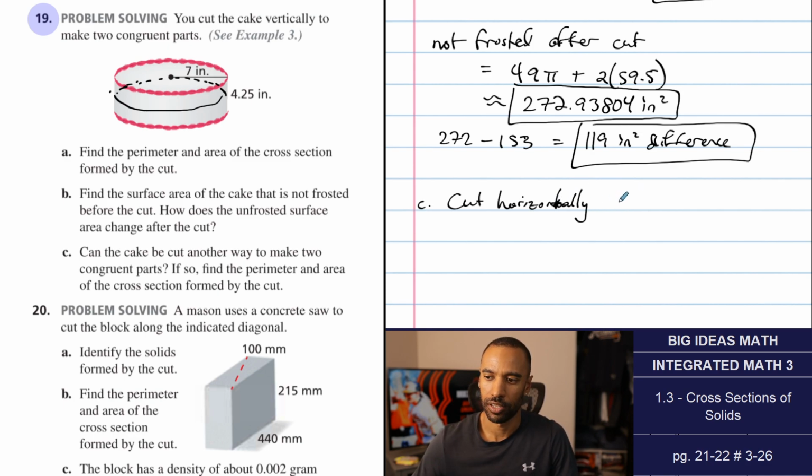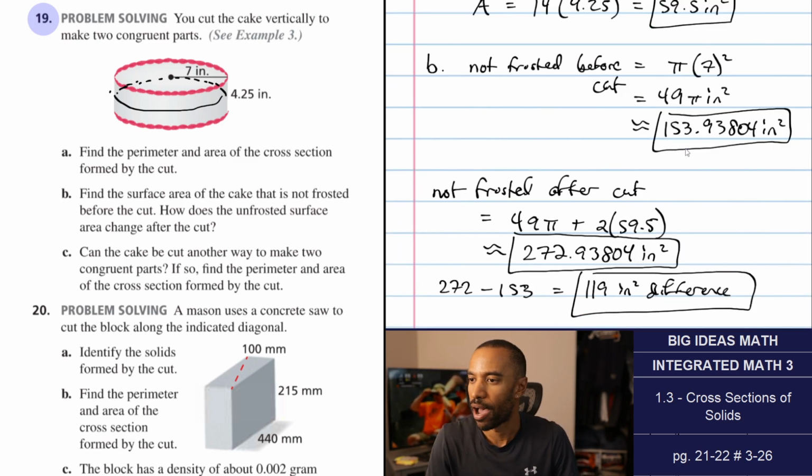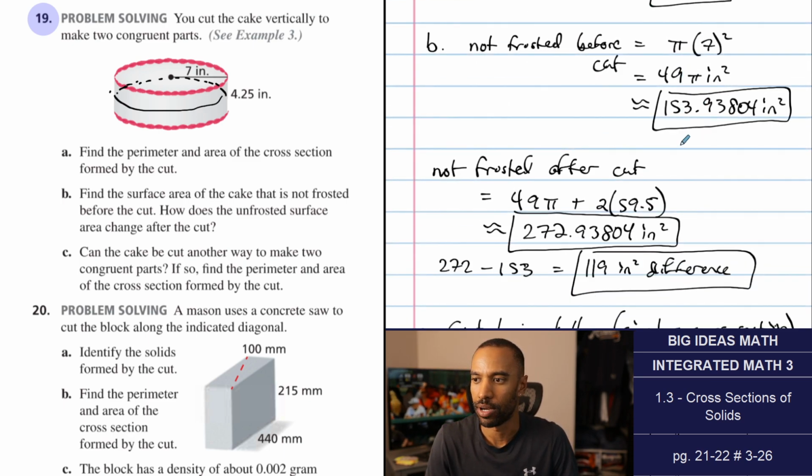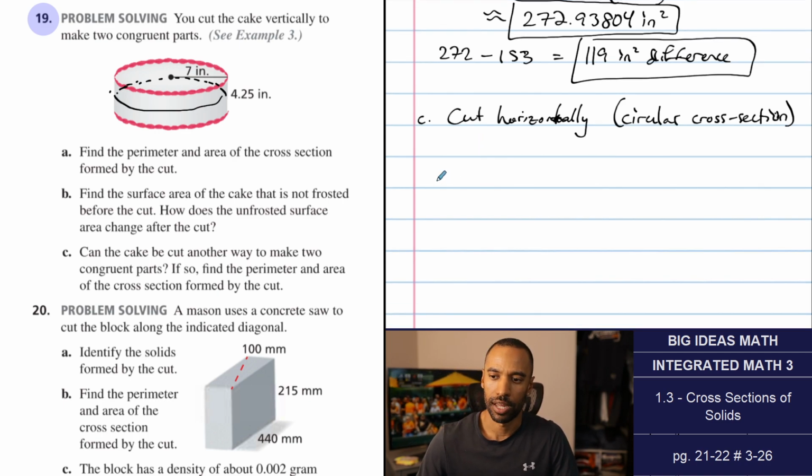So if you cut horizontally, you have a circular cross section. We know that area, pi r squared, as 49 pi. So we're good on that one. Area is 49 pi square inches. I'll just leave it like that.